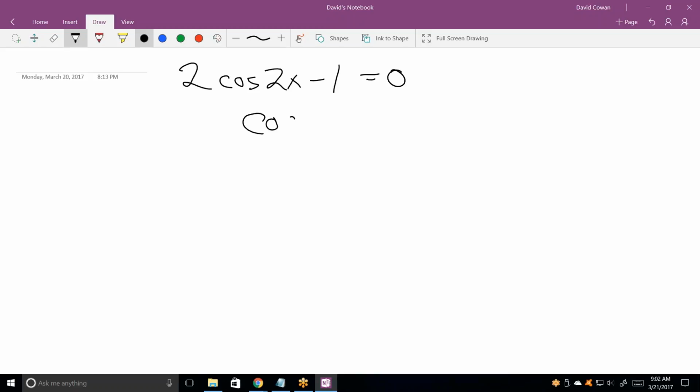So what do we end up with? We end up with the cosine of 2x equals 1/2, which means 2x equals inverse cosine of 1/2. Now what?